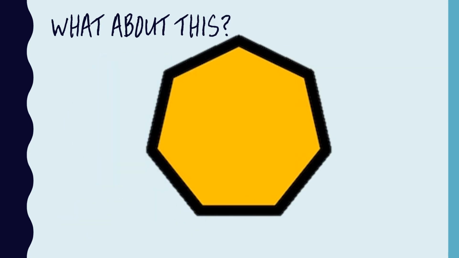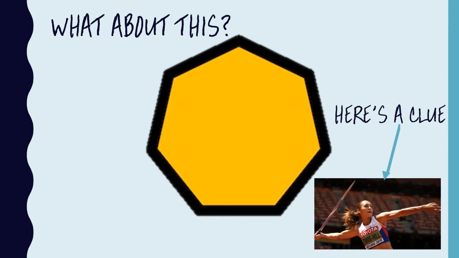What about the name of this shape? I'm going to slot in a clue for you here. So the name of this shape has something to do with the event that Jessica Ennis-Hill does. You need to ask yourself, what's the name of the event that she does? Jessica Ennis-Hill competes in something that has 7 events in.